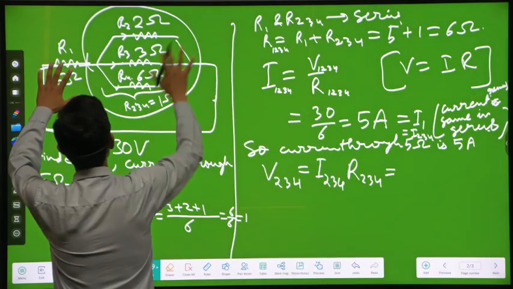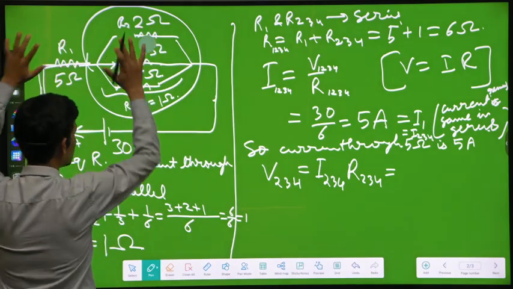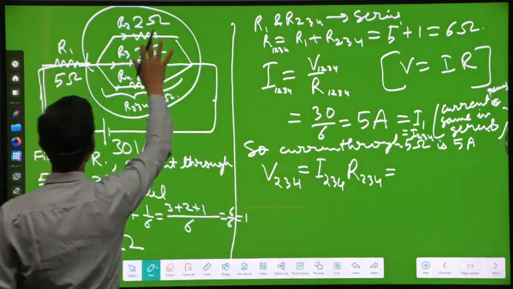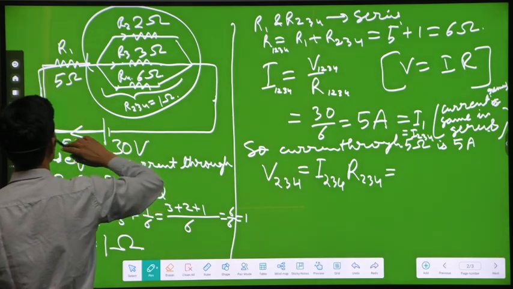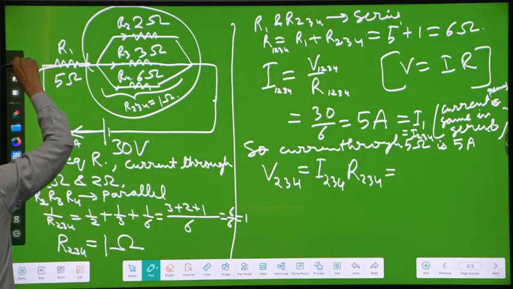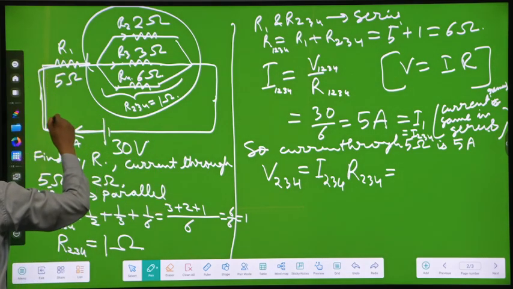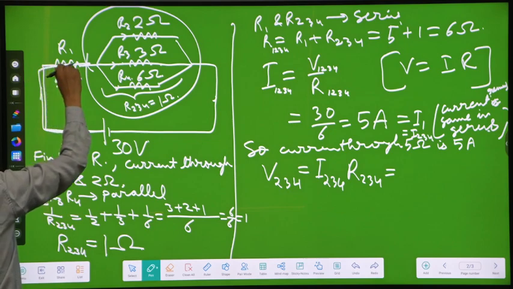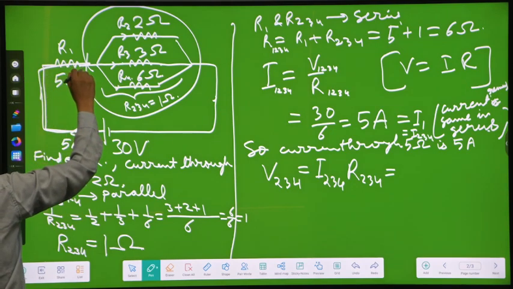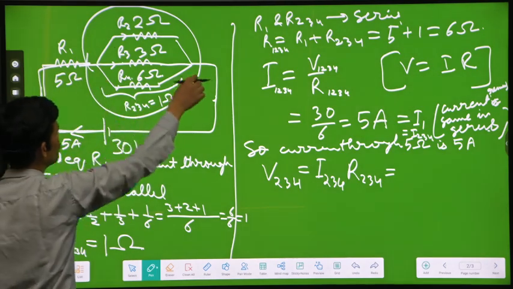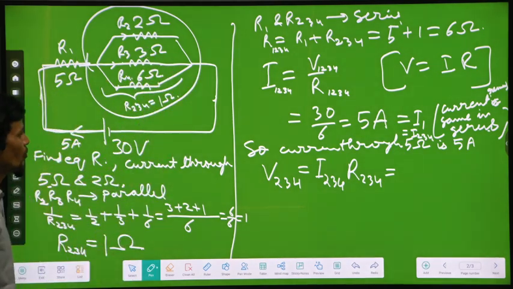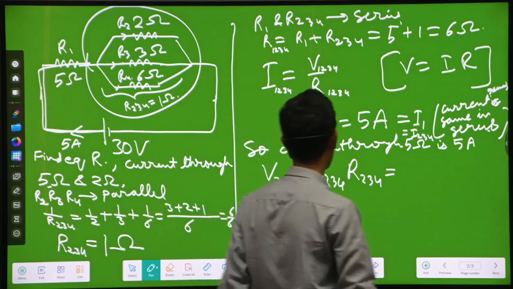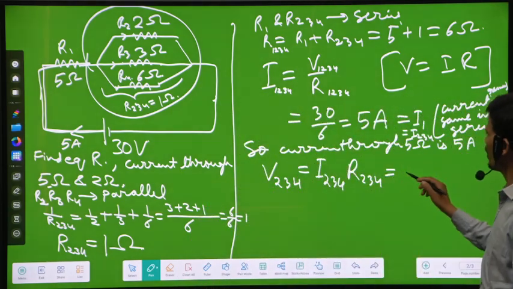I234 means the current through this entire combination. This is I1, this is I234. The same current is going through R1, which I'm calling I1, and the same is going through the combination of them, which I'm calling I234, and that will be the same, 5 ampere.